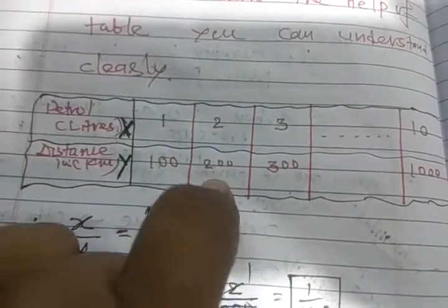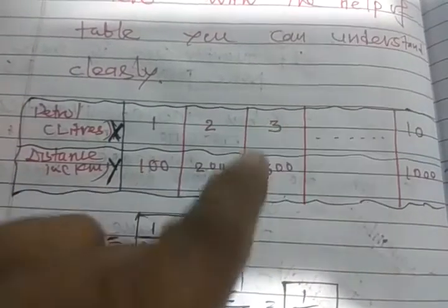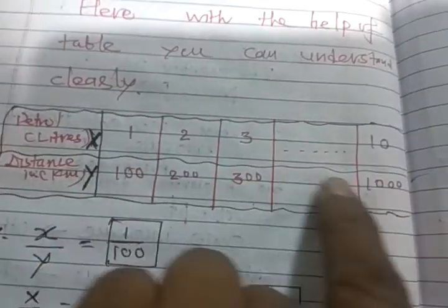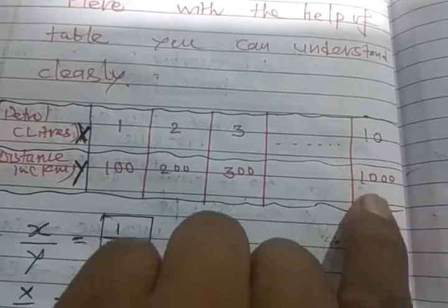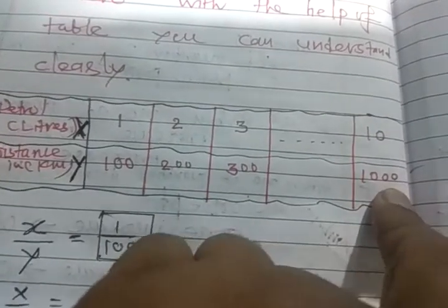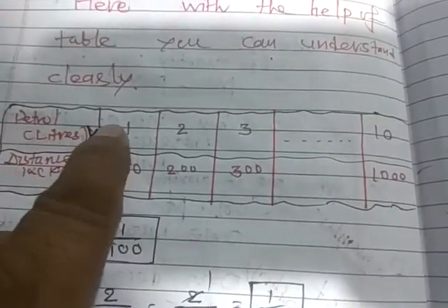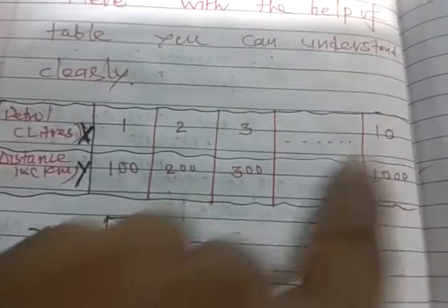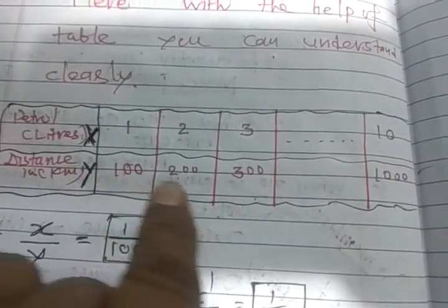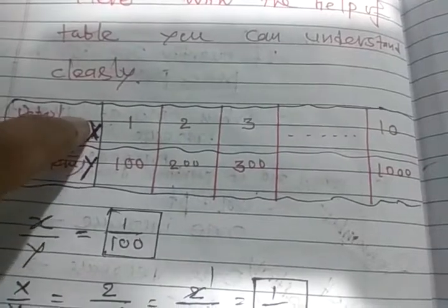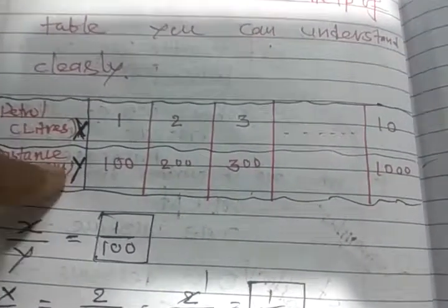If 2 liters, it covers 200 kilometers. If 3 liters, it covers 300 kilometers, and so on. If 10 liters, it covers 1000 kilometers. Means when the amount of petrol is more, the distance covered is also more. One quantity increases, the other also increases.